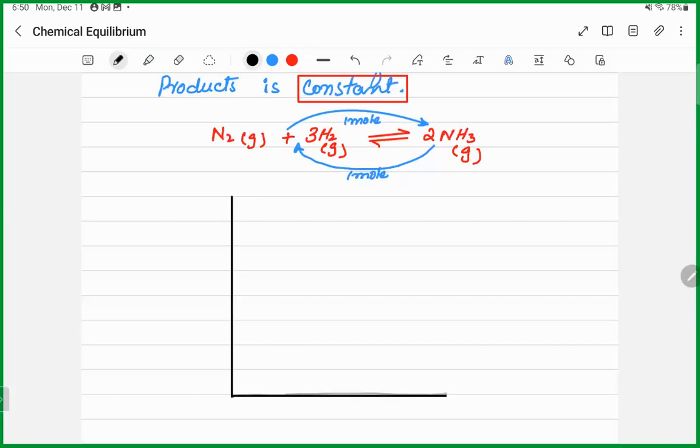this is the graph that I am sketching about, you can say amount. Amount could be concentration as well. ठीक है, and here you have time.